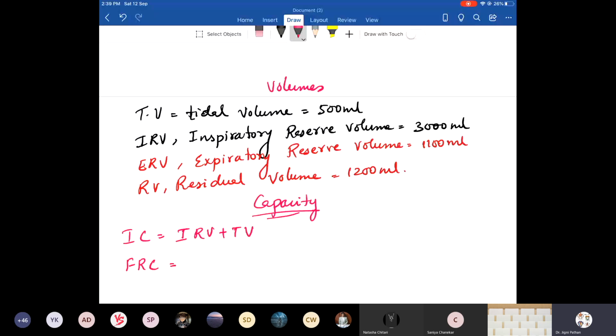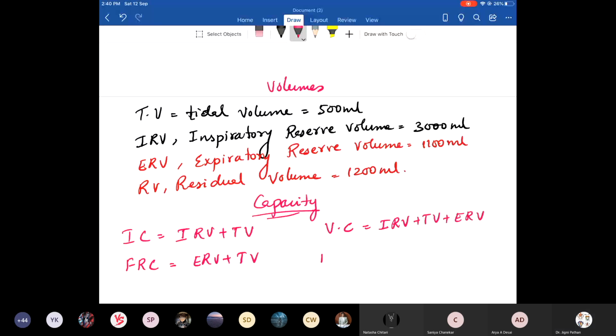FRC is equal to ERV plus RV. VC is equal to IRV plus TV plus ERV. TLC is equal to IRV plus TV plus ERV plus RV. Simple.